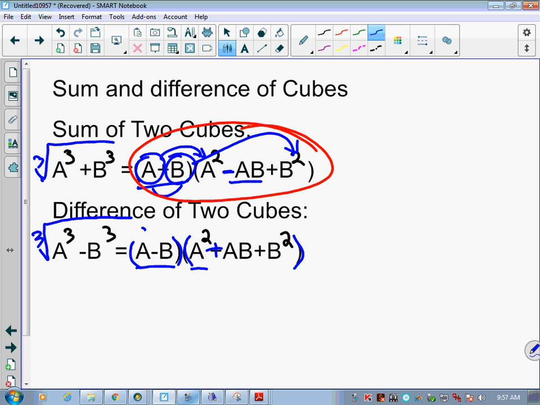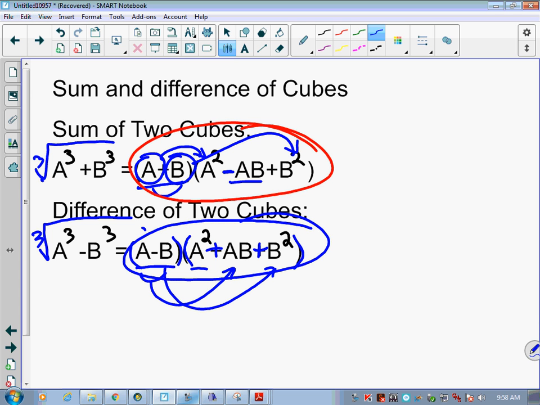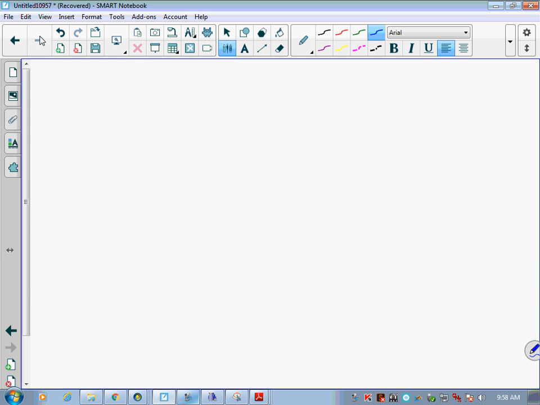I'm going to take a times b and put it there, and then I'm going to take b, square it, and put it there. This whole thing right here will be my answer to that. That's essentially it.